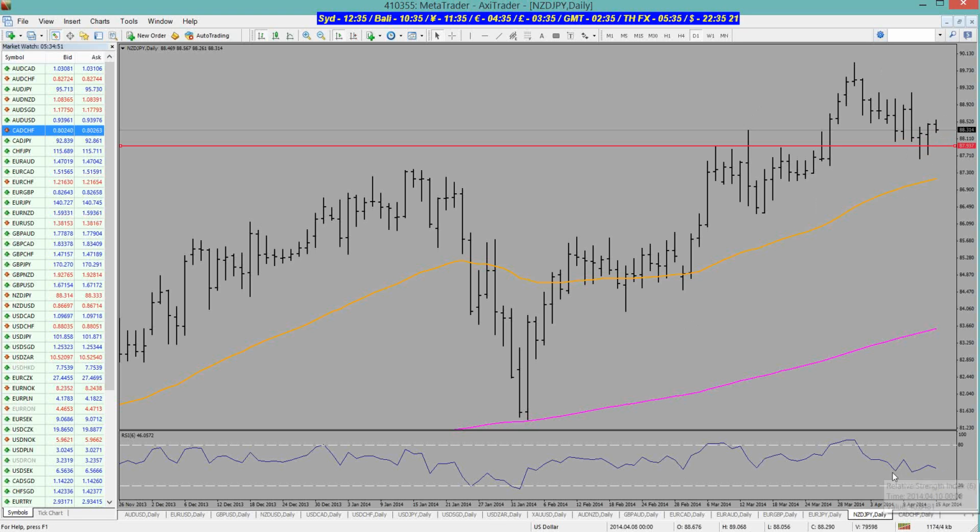RSI divergence. Well, if you look at these lows here in RSI, this would indicate a bullish signal. Oh, it's not even, no, it's good. This is all convergence.